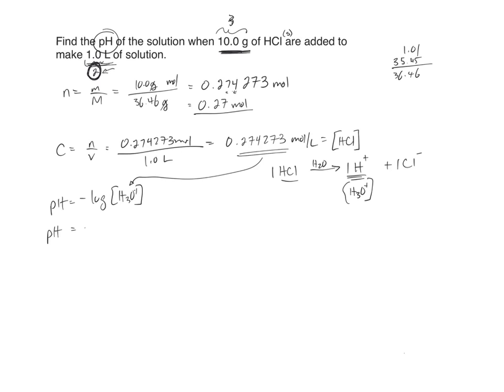So pH is equal to negative log of 0.274273. I'll do my button here, so negative, where's my log button? This calculator doesn't have a log button on it. Let me get a different calculator.